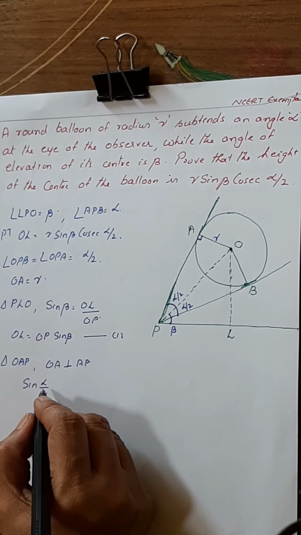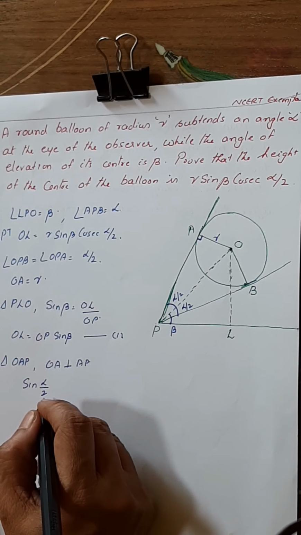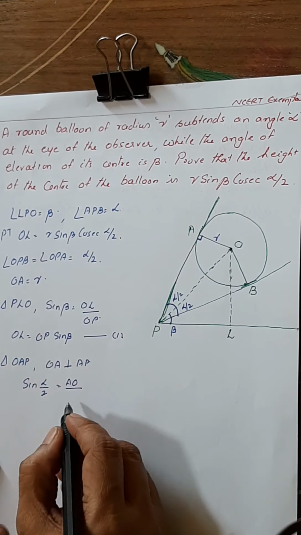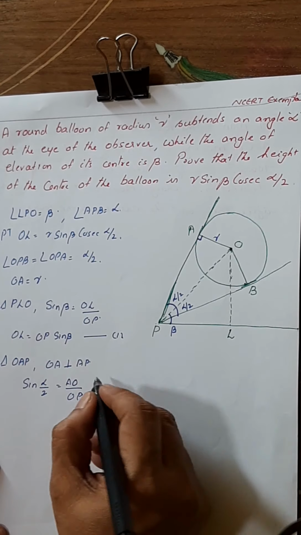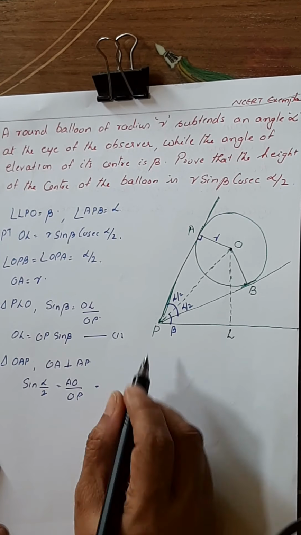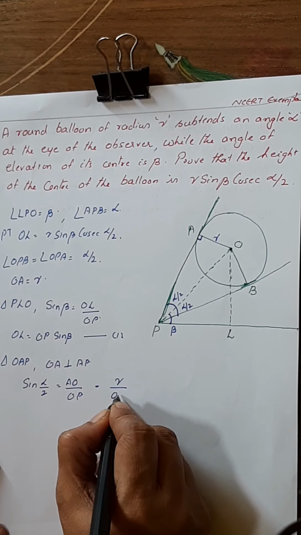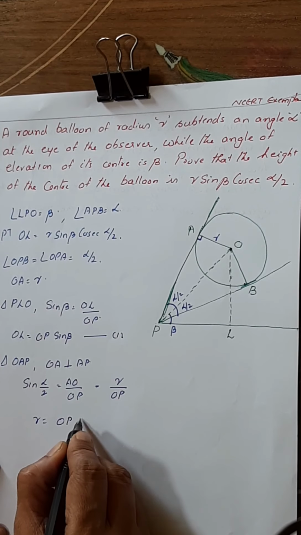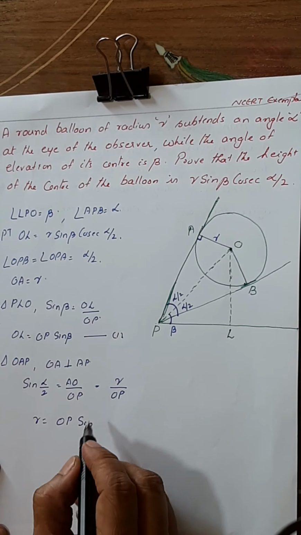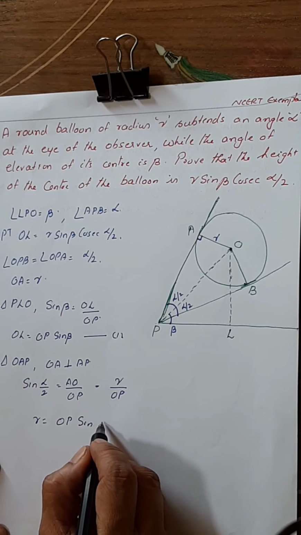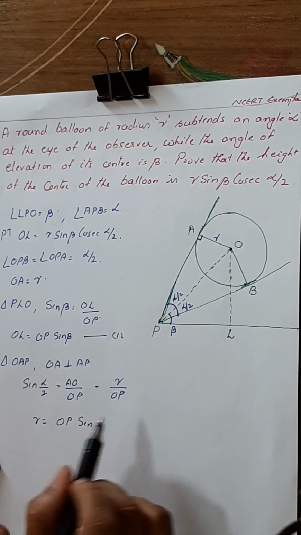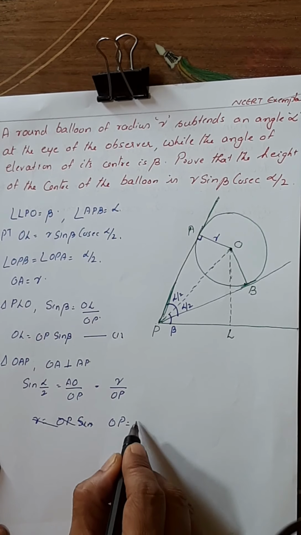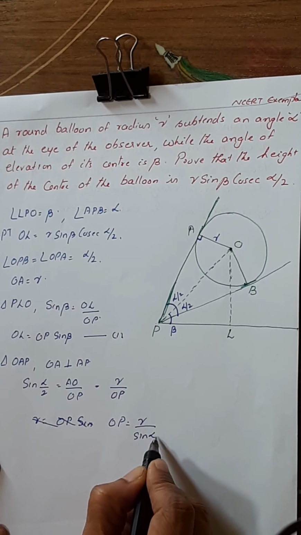So sine alpha by 2 is equal to OA by OP. So you get AO is r by OP. So r is equal to OP sine alpha by 2. We need OP. So OP is equal to r by sine alpha by 2.